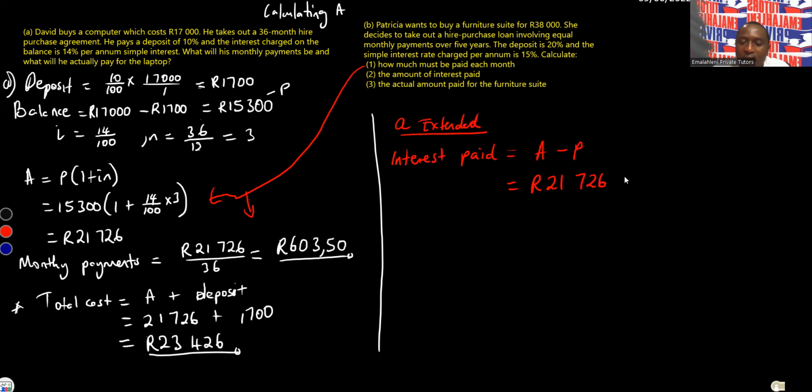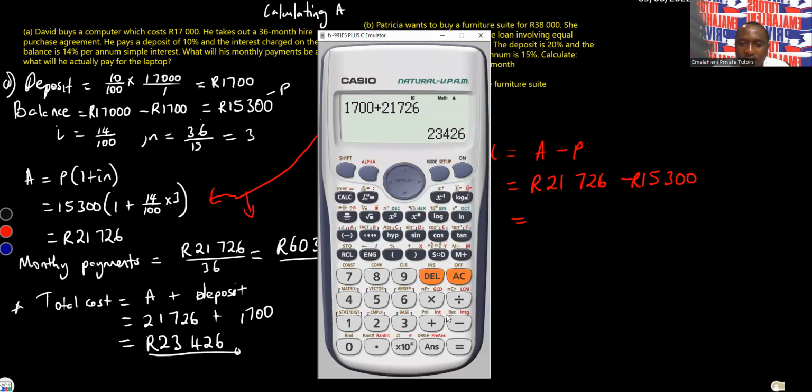It's going to be 21,726 minus, what is our P? Our P is 15,300. So it's 21,726 minus 15,300.